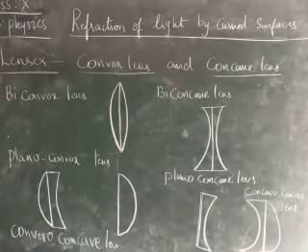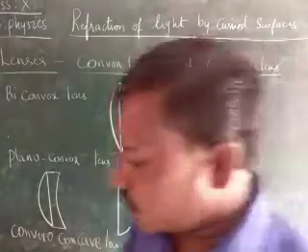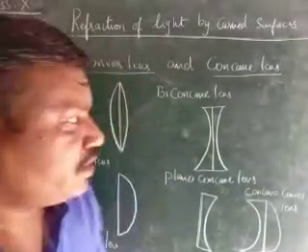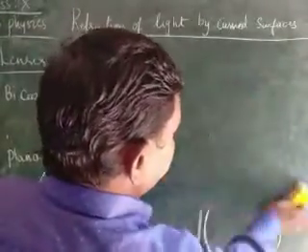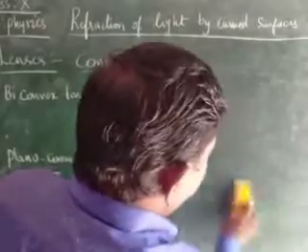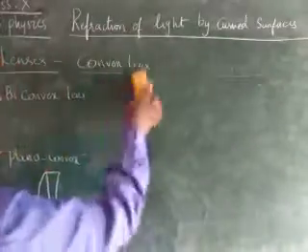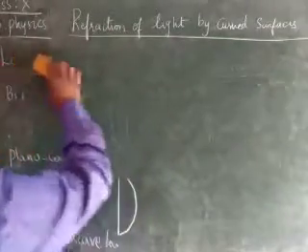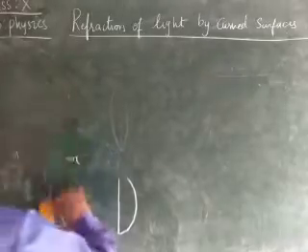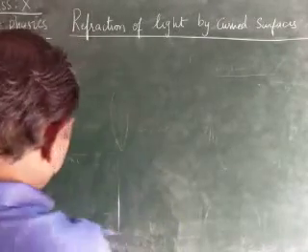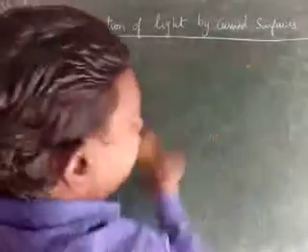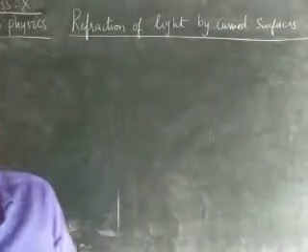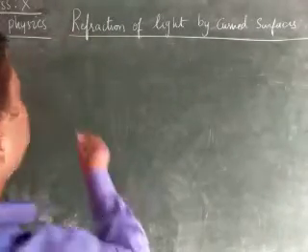Now we'll be learning about the terms involved in these types of lenses. Although we have many types of lenses, we consider only the convex, biconvex and biconcave lens.